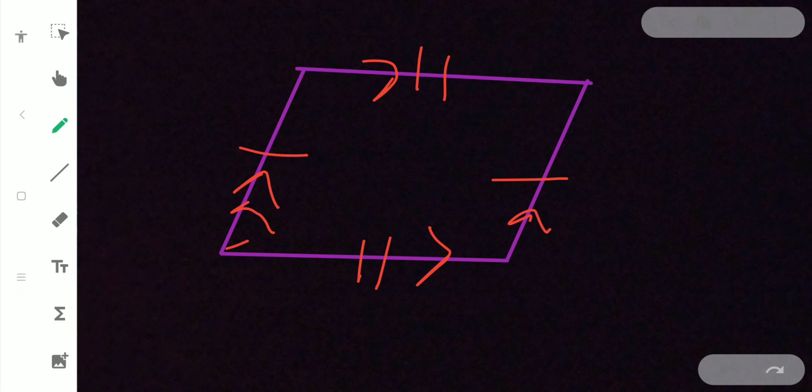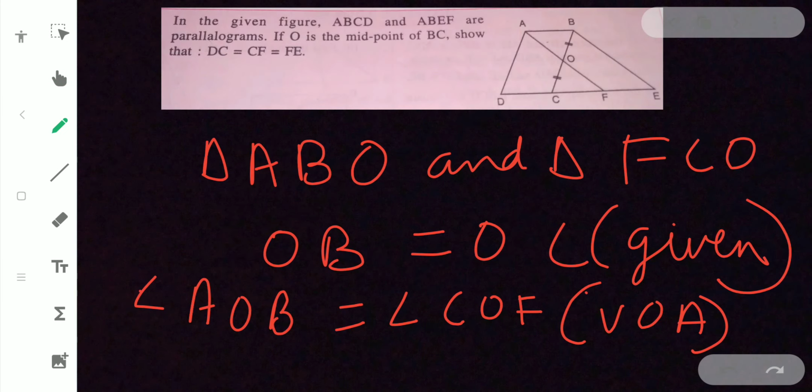So we are having BC, if it is a transversal like this, that is it is cutting in between the parallel lines, we will have alternate angles. So when it is cutting like this, we will have angle OBA is equal to angle OCF. So these two are the alternate angles over here.